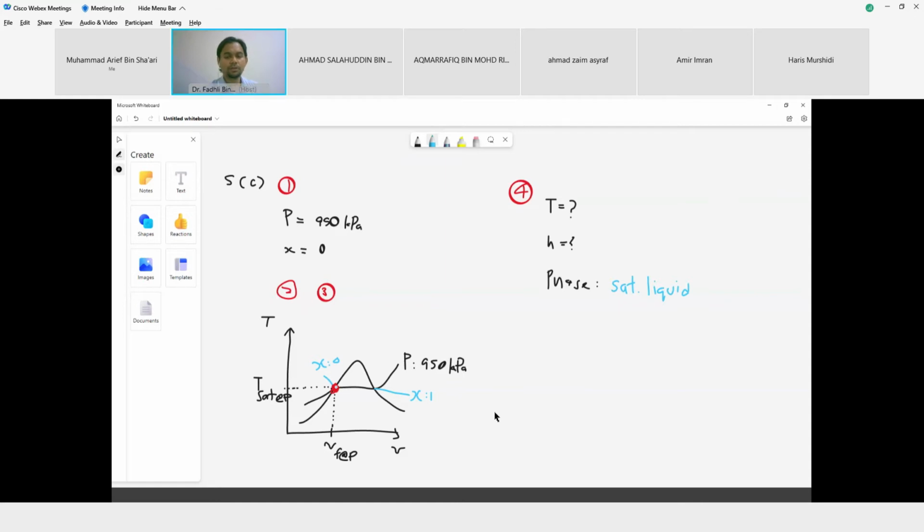So bila point sini dia ada saturated liquid. Kemudian temperature. Temperature of this point, if you drag a line to temperature axis, then here is T sat, T saturation. The T saturation is also the temperature for this state, for this phase. Okay, so dia adalah sama lah sebab ni yang kita nak cari, T-nya. So T here is actually same as T saturation at the given pressure.